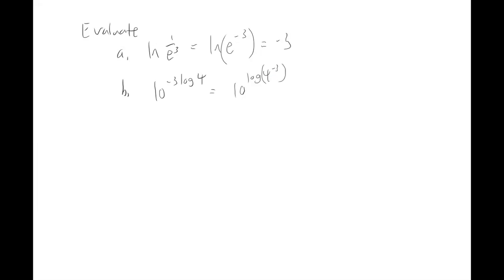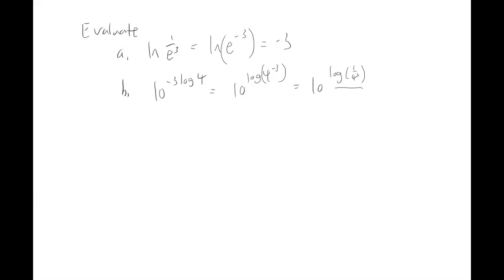I can move a number to the exponent, and then this is log of 1 over 4 cubed. Because if you try evaluating this directly, you're asking 10 to the what power is 1 over 64? I guess you can, right?